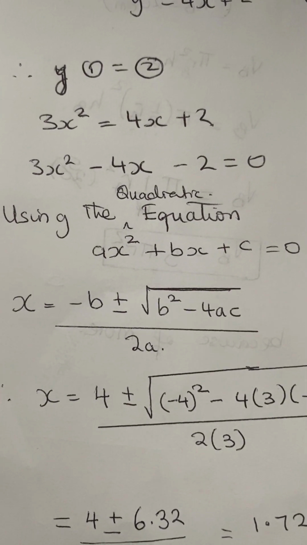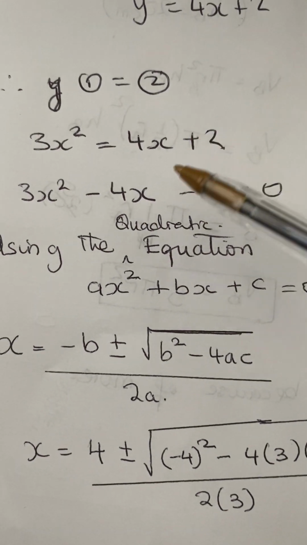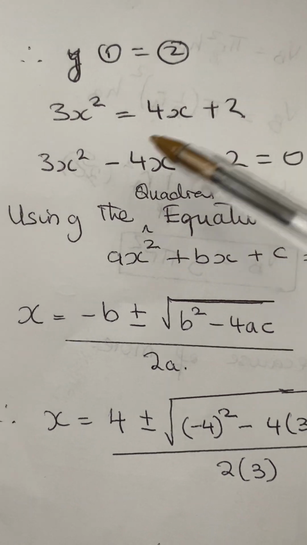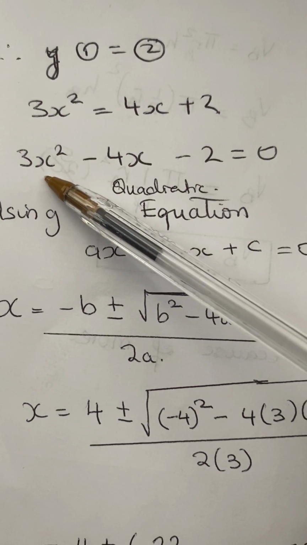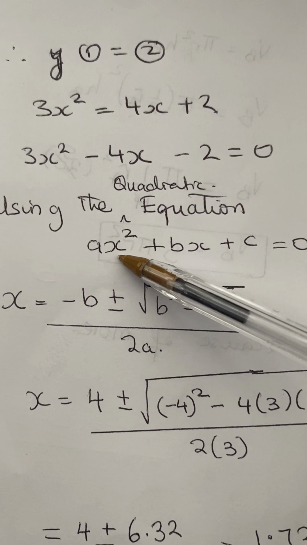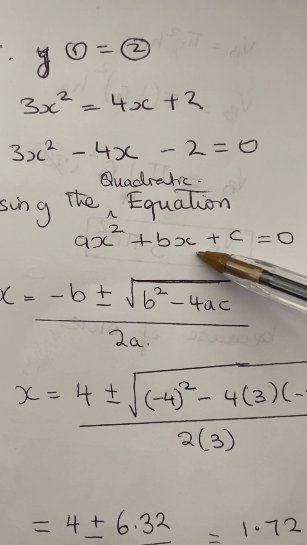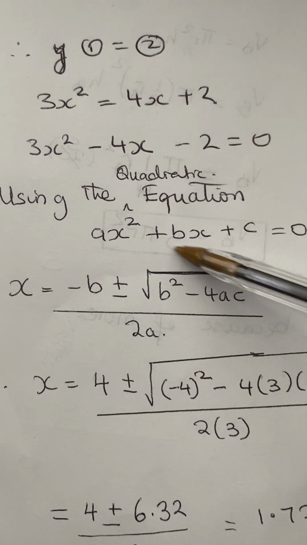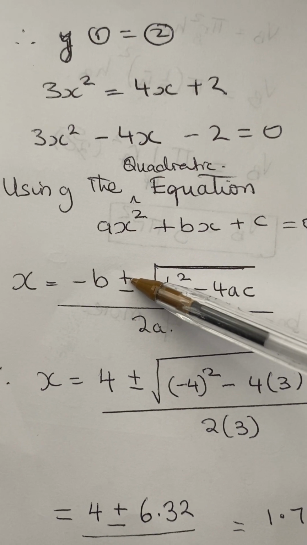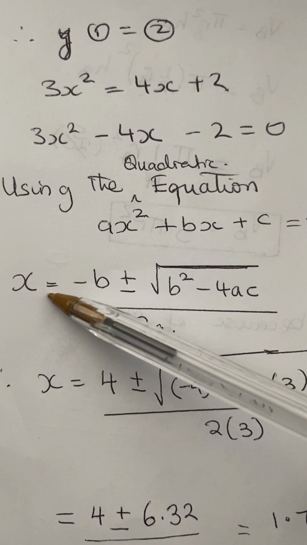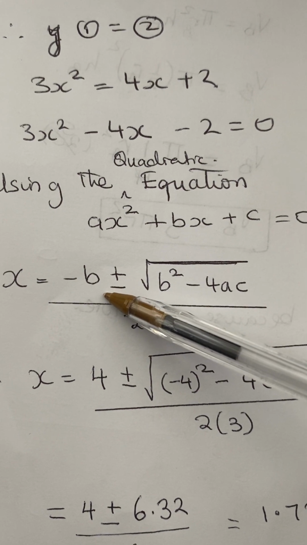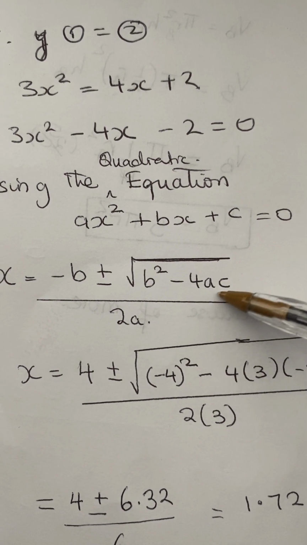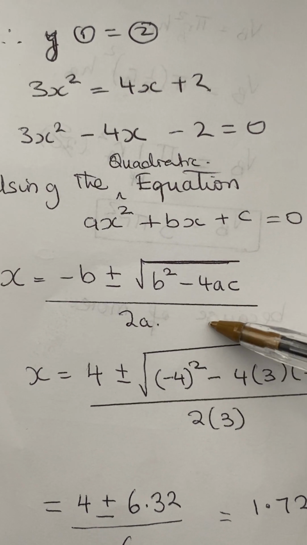I tested it, but I couldn't solve it directly, so I'm going to use the quadratic formula, which is on your flashcard. Now that I've put the equation in the form ax squared plus bx plus c equals 0, I can use my quadratic formula, which you have on your flashcard, which is x equals minus b plus or minus the root of b squared minus 4ac over 2a.